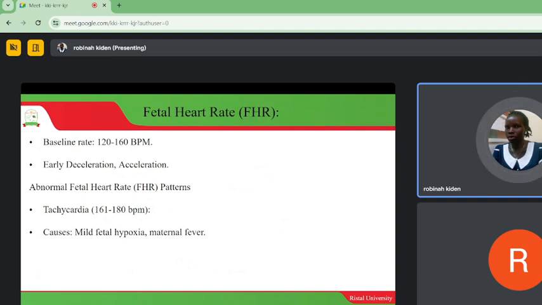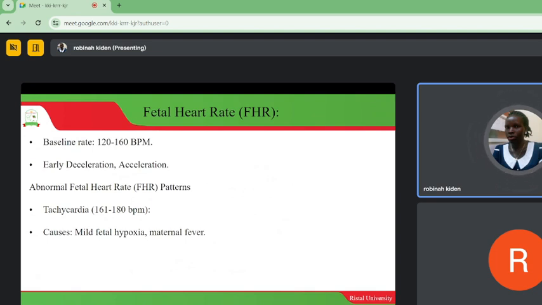Also, let us look at the fetal heart rate. The baseline rate is 120 to 160 beats per minute. This is what we consider as normal.